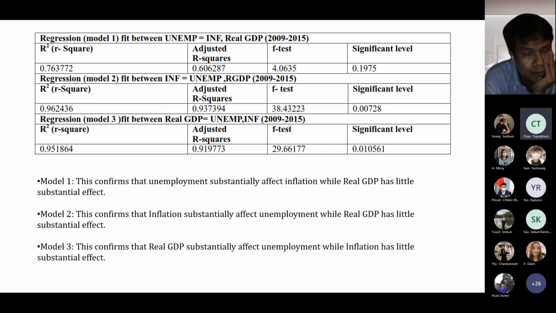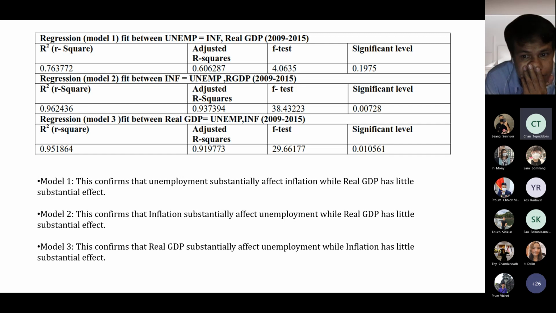For the second model, the R square of 0.96 illustrates that 96% of the variation in the inflation rate is explained by unemployment and real GDP. The adjusted R square of 0.93 shows that 93% of the variation in the dependent variable is explained by the independent variables when the degrees of freedom are taken care of.